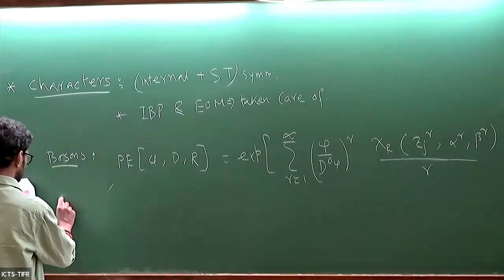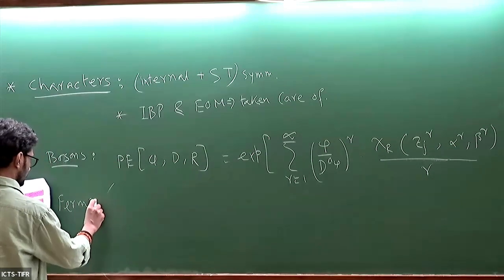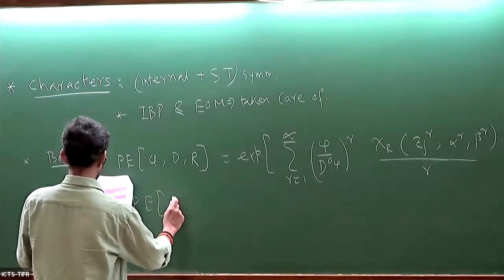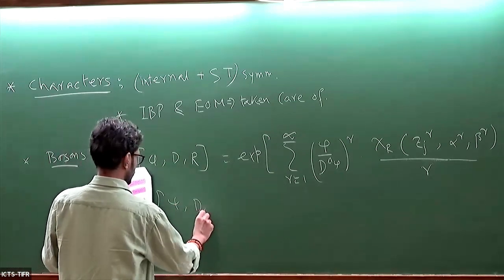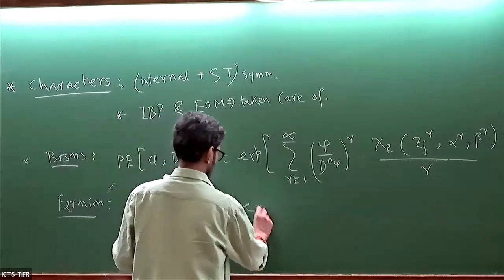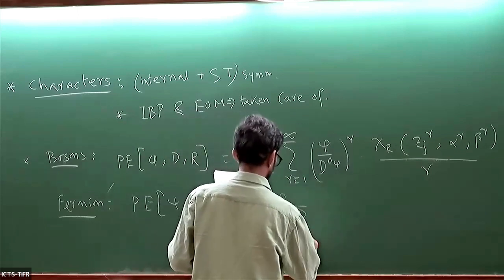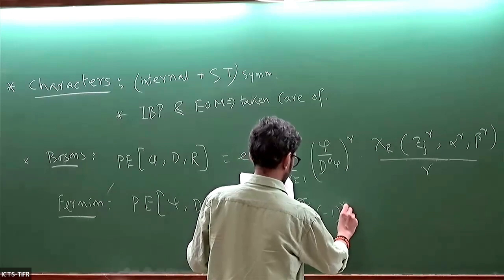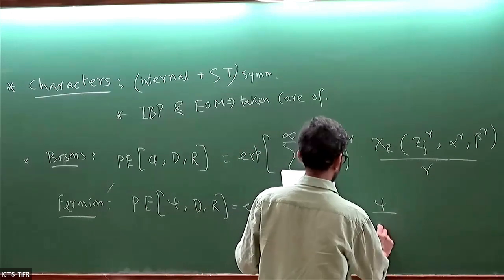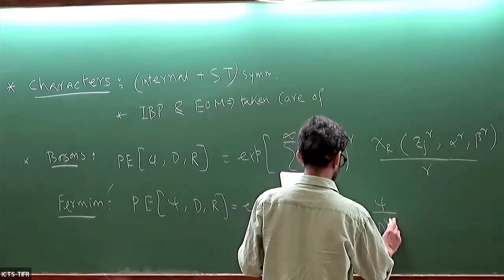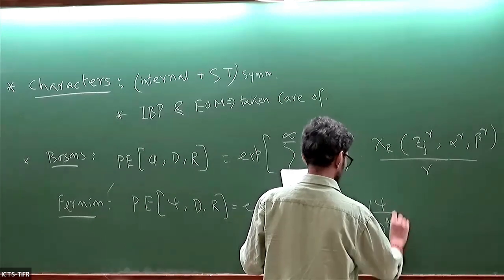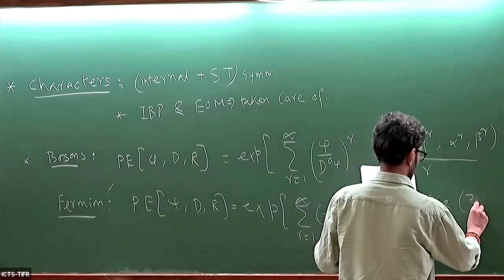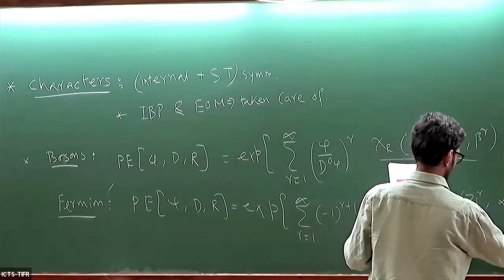Now for the fermion, we write down psi, D, r: exponential of the sum over r equal to 1 to infinity of minus 1 to the power r plus 1, psi over D to the power del psi to the power r, chi r, Z r, alpha r, beta r.